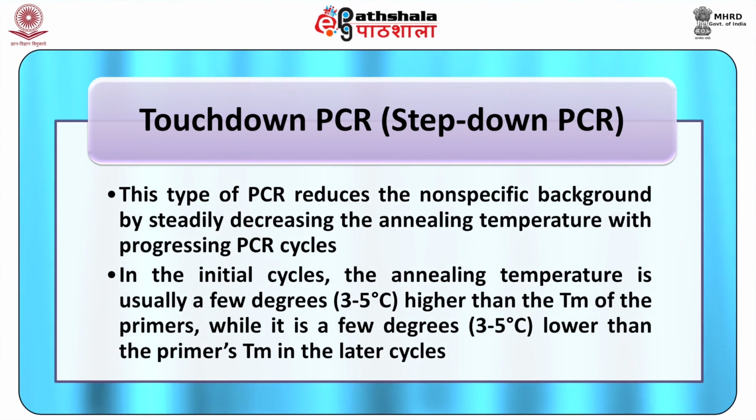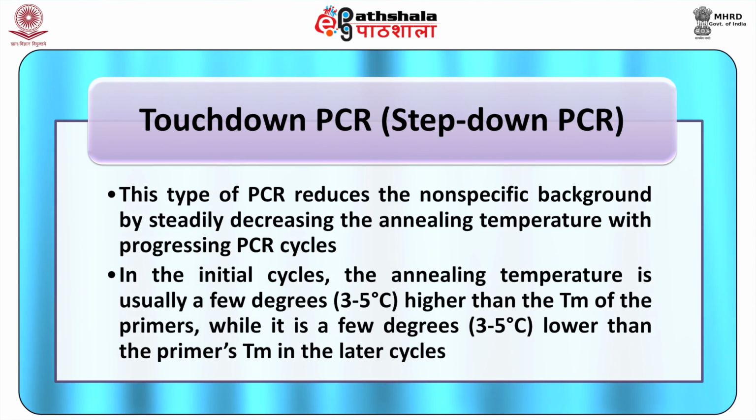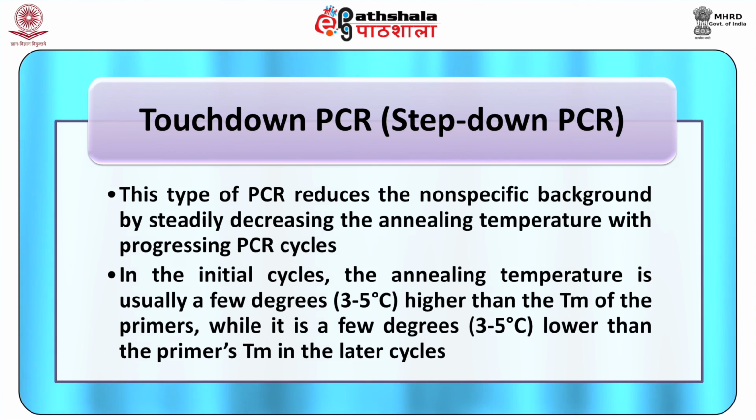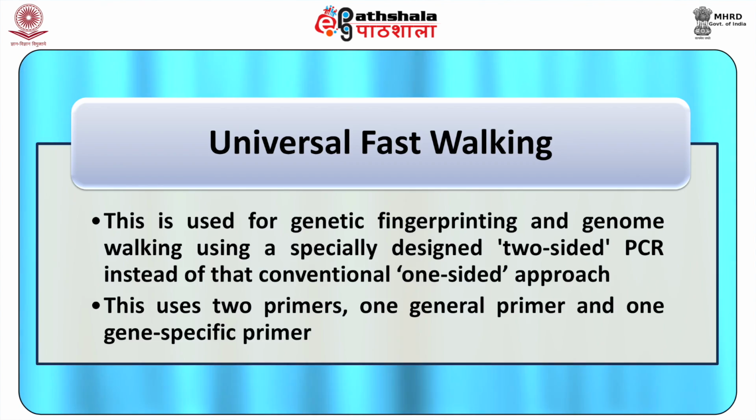In the initial cycles, the annealing temperature is usually a few degrees, 3 to 5 degrees Celsius, higher than the Tm of the primers, while it is a few degrees, 3 to 5 degrees, lower than the primer Tm in the later cycles. Higher temperatures provide large specificity for primer binding, whereas more efficient amplification from the specific products formed during the initial cycles is achieved by providing lower temperatures.